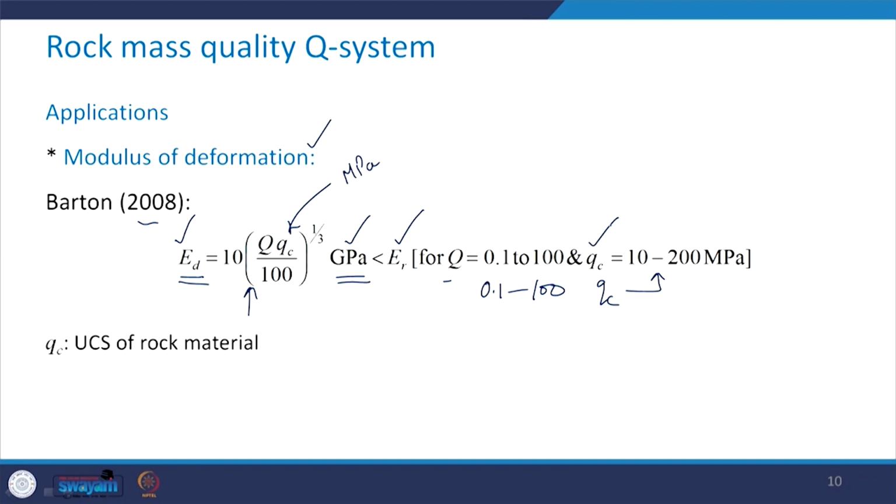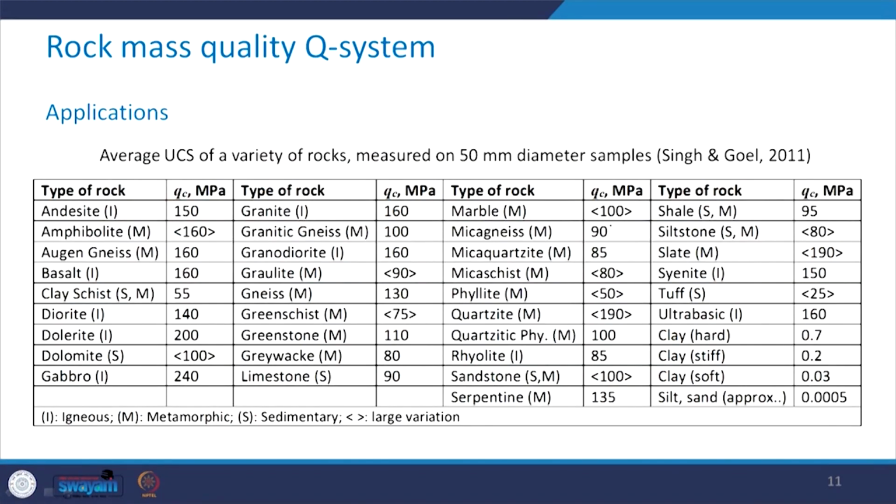For your ready reference, I have presented the typical values of the UCS for different types of rock in this slide. The first column gives you the type of the rock, and the adjacent column gives the typical values of the UCS in megapascal.